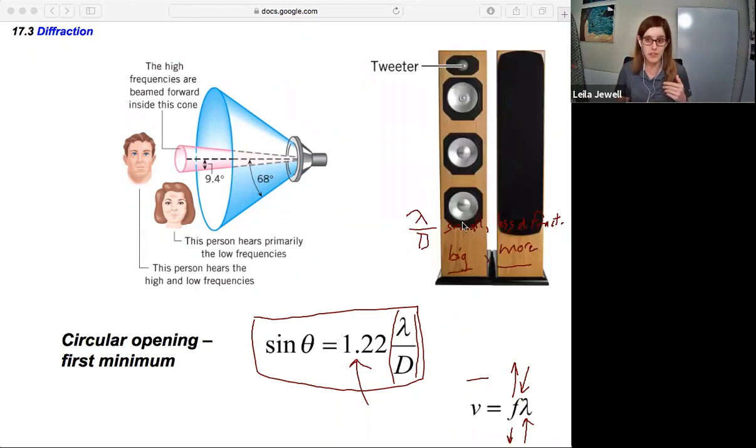If you have a stack of speakers, the tweeter speaker is the tiny one at the top. It has the smallest diameter, and thus for its smaller wavelengths, the higher frequencies, it's able to diffract them to a wider angle so that you can hear those high frequencies throughout the room, not just right in front of the speaker. So this introduces the idea of diffraction with sound. And as I've been saying, there's more cool interference effects to come.